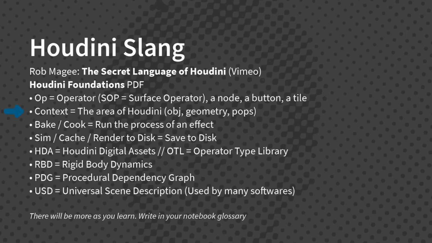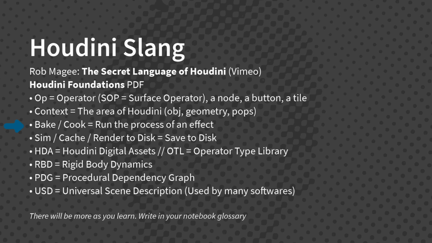And context, as I mentioned before, the different parts of Houdini where we do world space things like set up our lighting, our cameras, geometry, particles, and so on. Another term you hear a lot in Houdini is bake or cook, and it runs a process. If you bake something or you cook something, it means Houdini processes that thing.